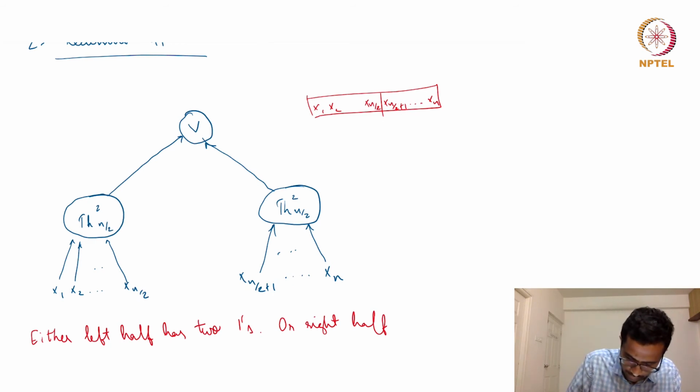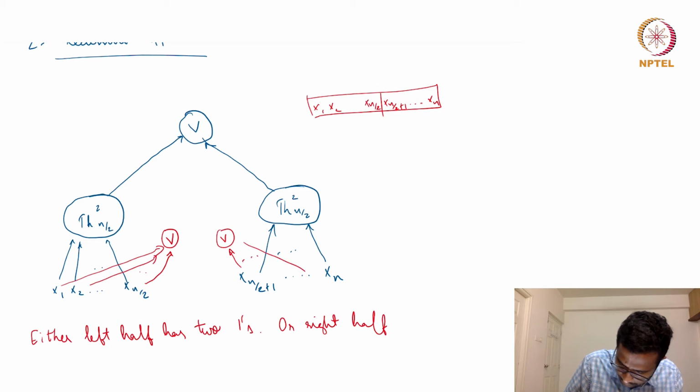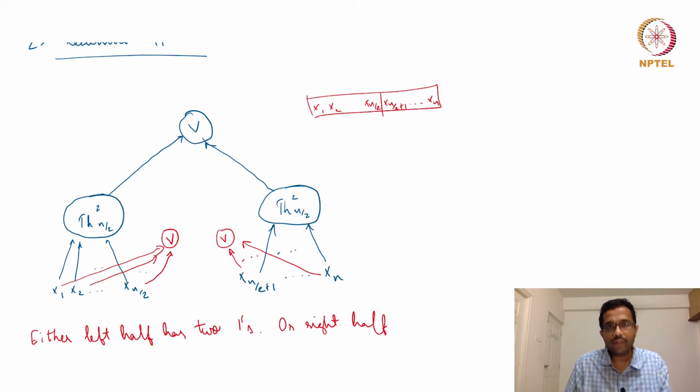So we have an OR gate here and we have an OR gate here. This OR gate will fire if there is at least one on the left side, and this OR gate, the right side one, will fire if there is at least one on the right side, and if both of them fire, we are okay.